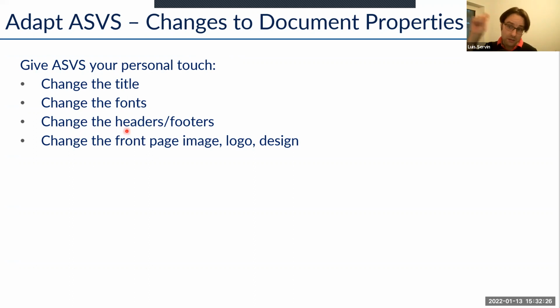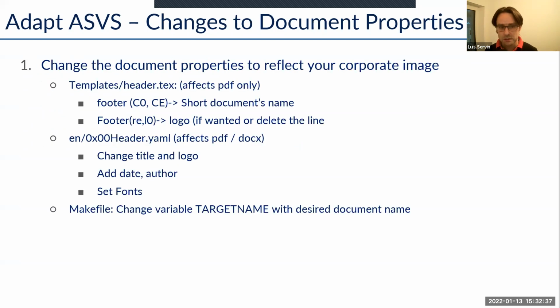You want to change the headers and footers. You might want to change the image, the logo, design of the front page. You might want to add a section, all of that. So all of that is controlled in the properties. And there are basically 3 files you need to touch.